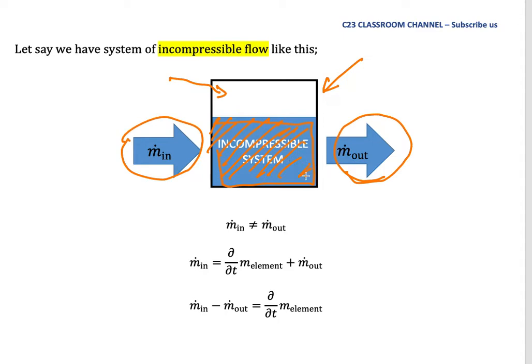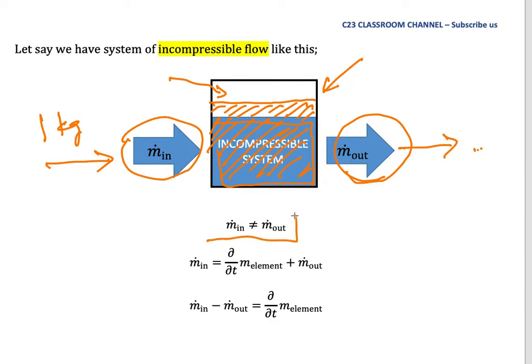So if you give 1 kilogram at the input, you may have 0 at the outlet, because maybe this 1 kilogram remains in the system and there is no output. So we cannot simply write that mass flow rate at the inlet is equal to mass flow rate at the outlet.